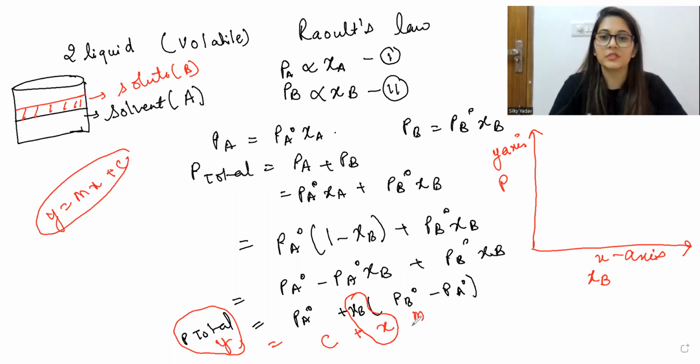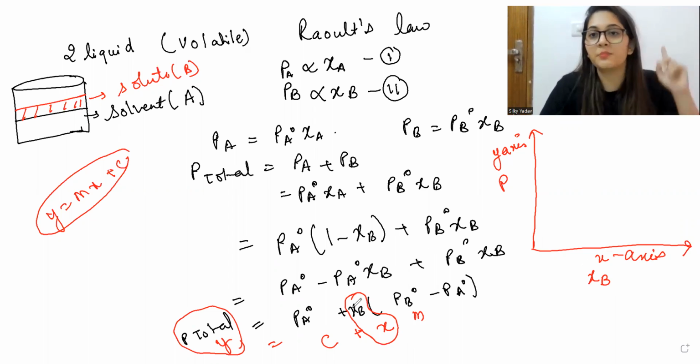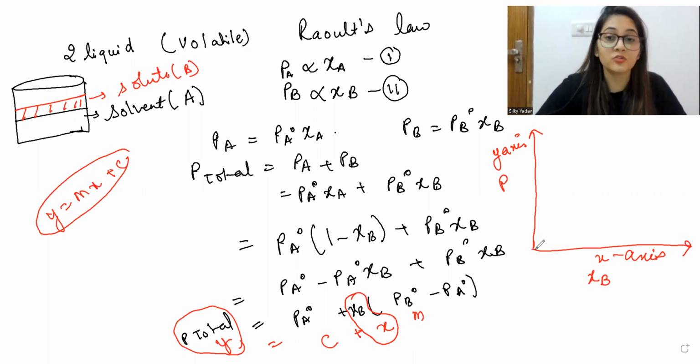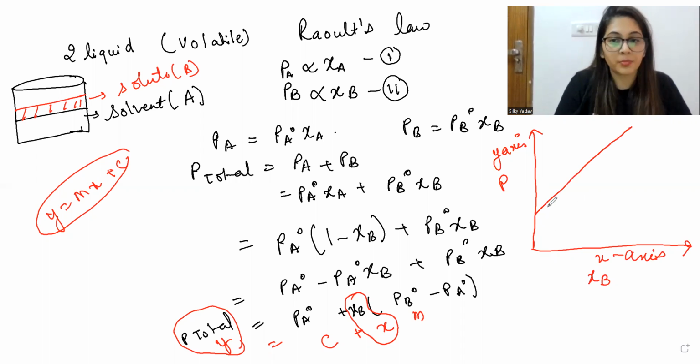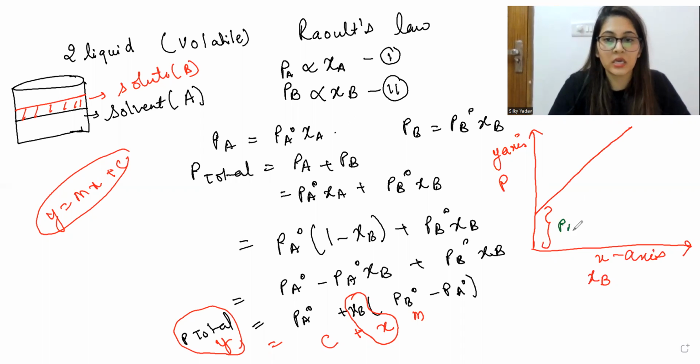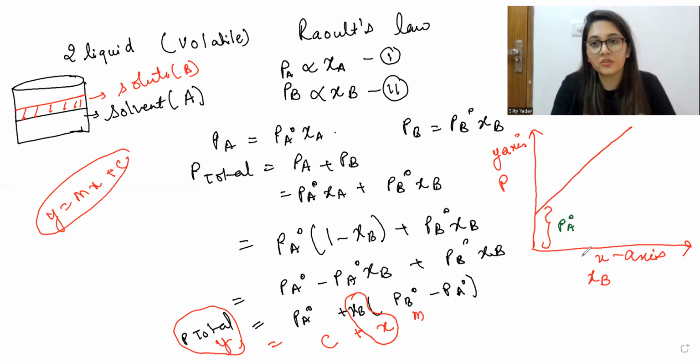Now, because in this line an intercept is also there, the line is not going to start from here. This time, the line will start a little above. So this much is the intercept, right? So this is PA naught, the pressure because of the solvent alone.